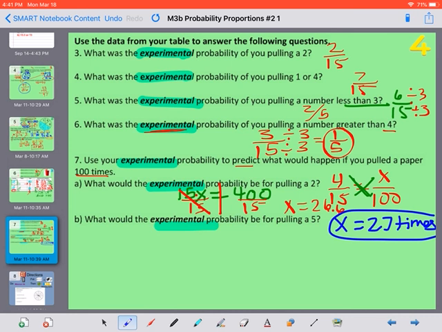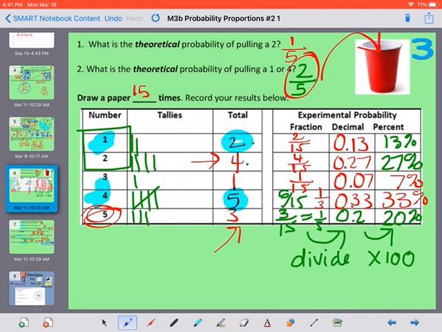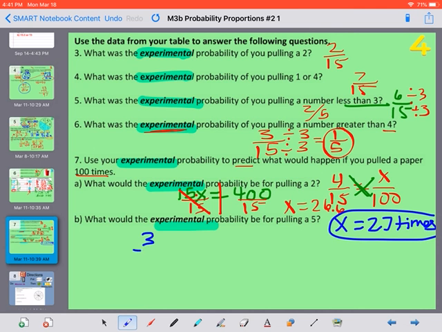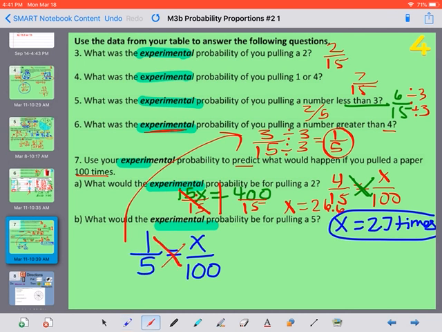Last question. What would the experimental probability be for pulling out a 5? Well, 5s, there were 3 of those out of 15. They want to know how many should we pull if we get out of 100. Now, if you cross multiply like this, you will get a correct answer, but we simplified this up here. It's really 1/5. If you cross multiply, you will still get the same answer, like I said.